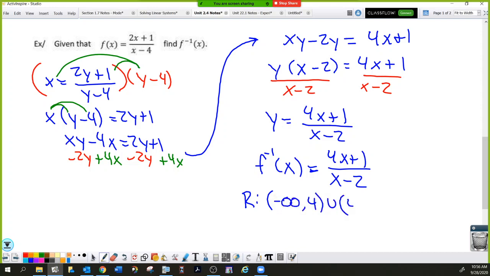And care to enlighten the class how you found that range of f inverse that fast? Oh, it's the domain of the original. And 4 is not allowed to exist on the original function because it's a vertical asymptote. So the vertical asymptote of the original function is the horizontal asymptote of its inverse.